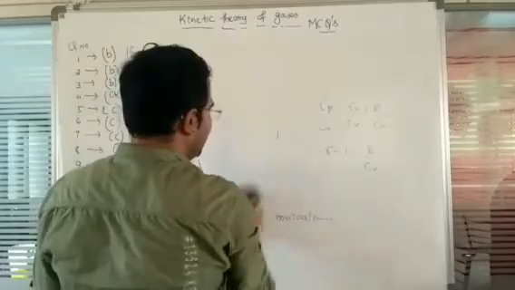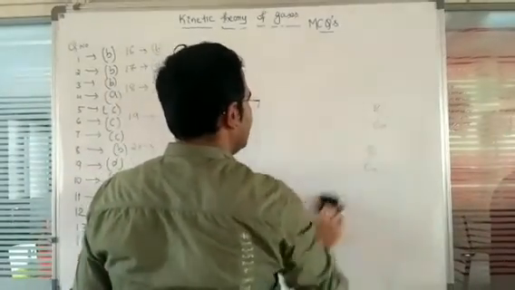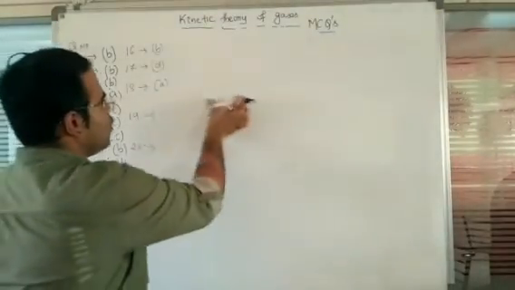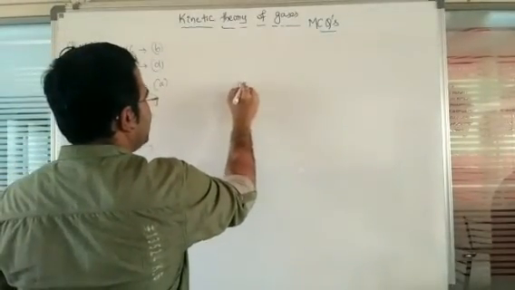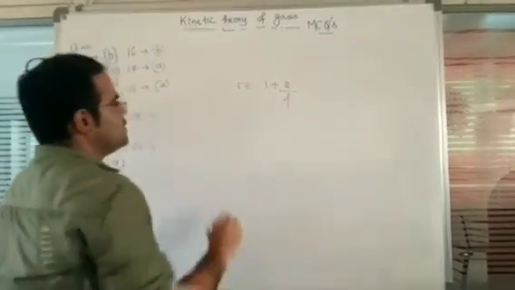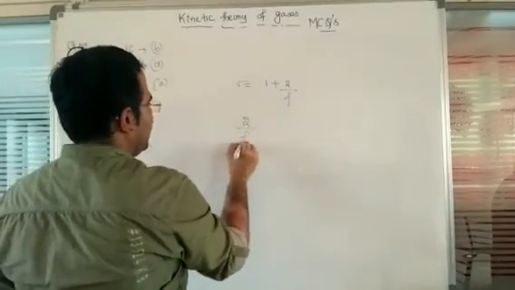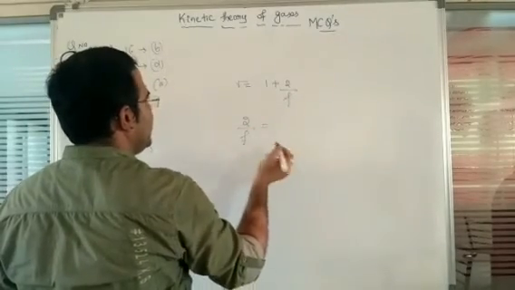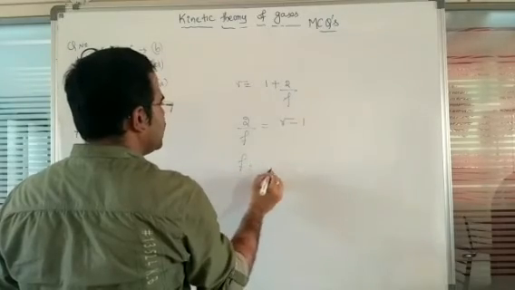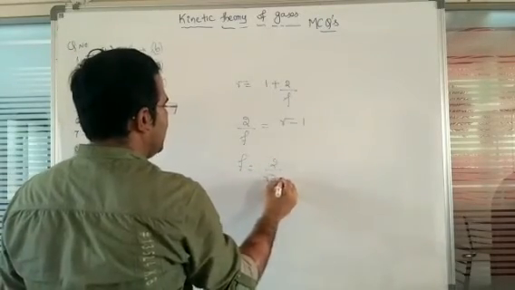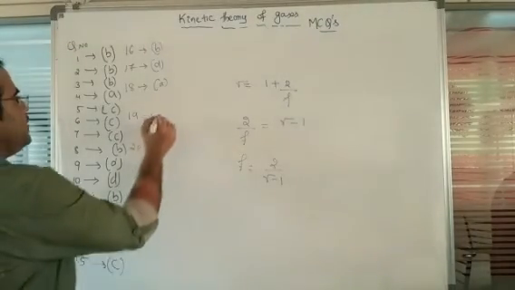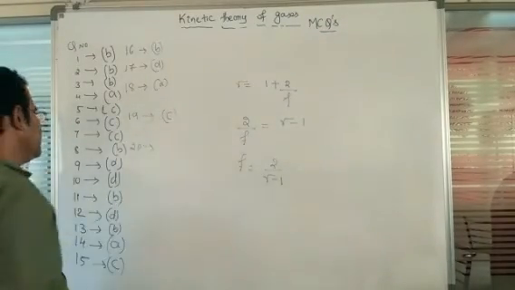Theoretically, the formula is given by gamma is equal to 1 plus 2 divided by F. So 2 divided by F is equal to gamma minus 1, or else F is equal to 2 divided by gamma minus 1. So this is the option. According to question number 19, the option is C.